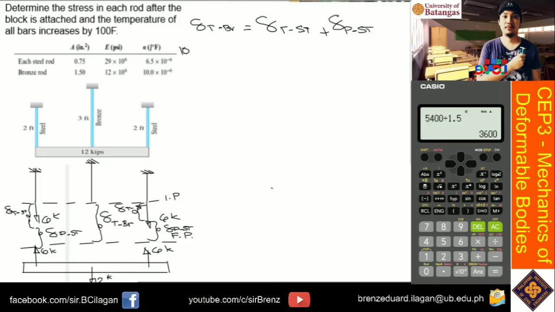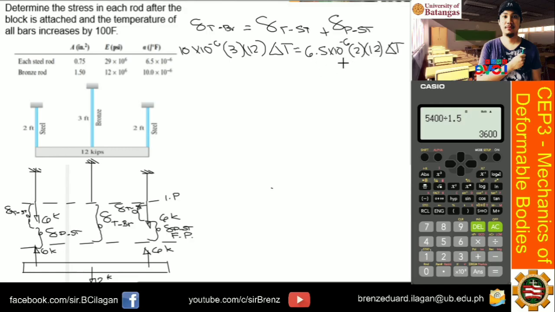So that is 10 times 10 to the negative 6 multiplied by the length of the bronze. So you have 3. Again, multiply mo ng 12 to make it in inches. Multiply by delta T. Ito na nga yung unknown. That is equals dun sa alpha ng steel. So 6.5 times 10 to the negative 6 multiply by L, so times 2 and then 12 times the delta T.